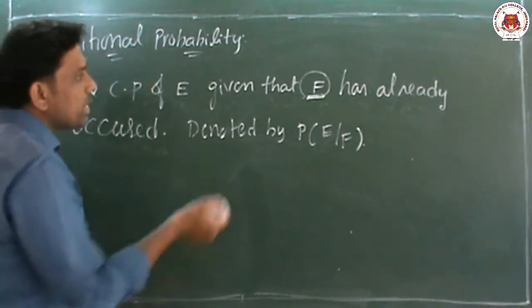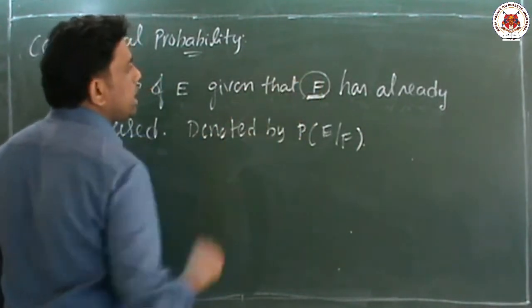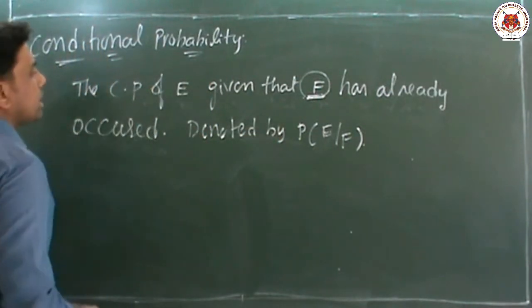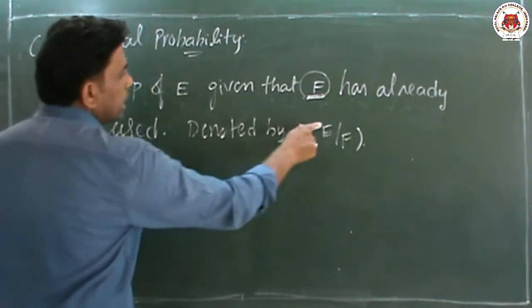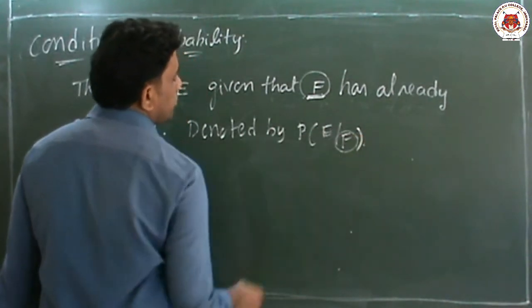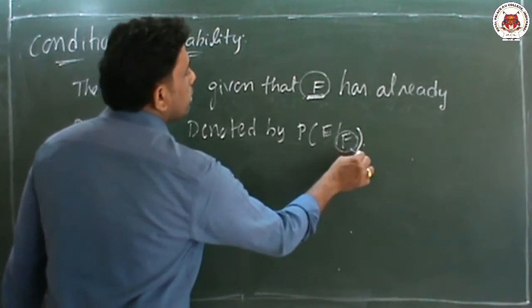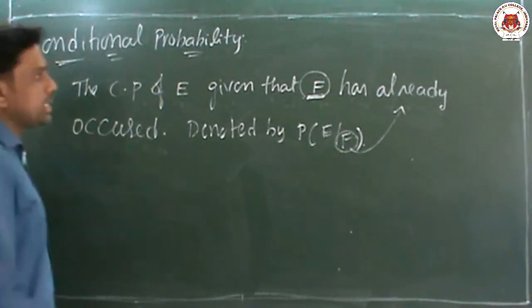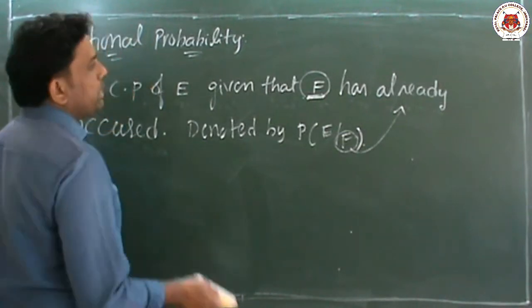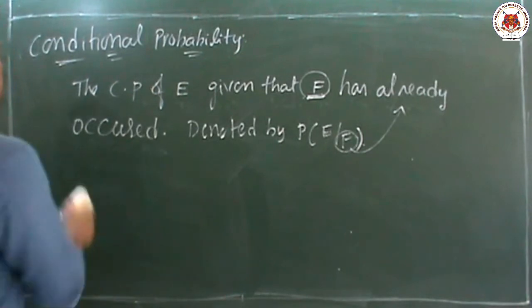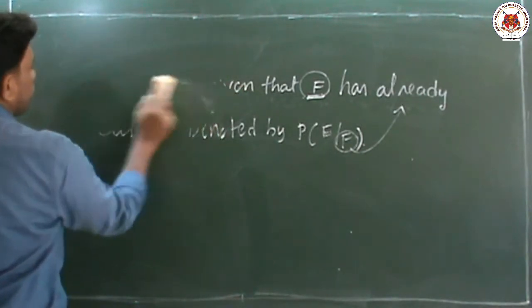Already occurred means he already gave the F value, and we have to find the E value. Then we write this as E by F. In the denominator we always write what he already gave in the question. This is called the conditional probability. But the definition you can't understand, so I will take one example and explain, then you people will be able to understand clearly.